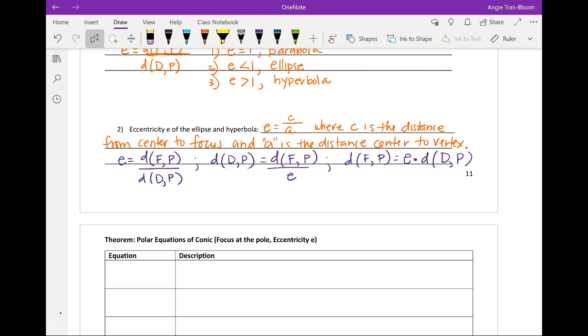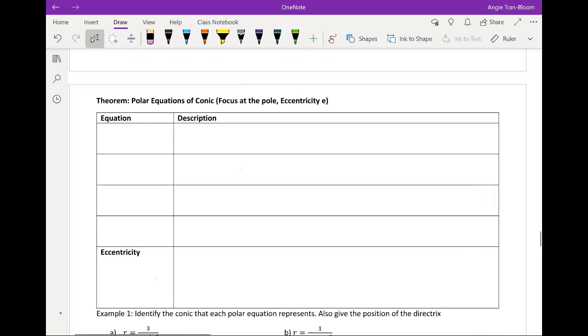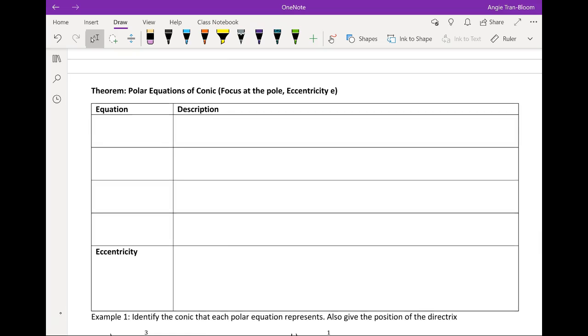Theorem, here we go. Polar equations of a conic. The focus is going to be at the pole, and the lowercase variable e will be called eccentricity. So you're going to have 4 different equations. First equation, it's in polar form. R equals E times P divided by 1 minus E times cosine of theta.